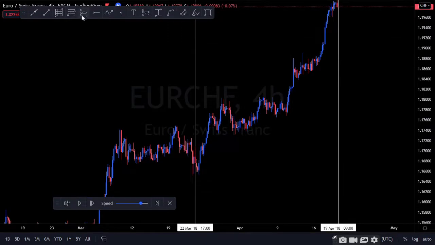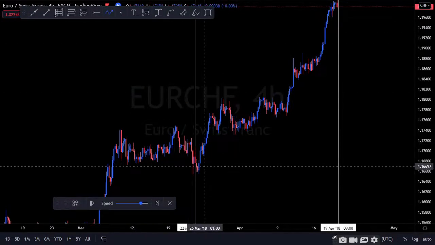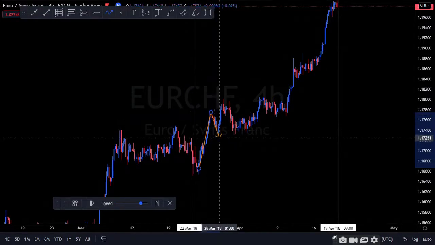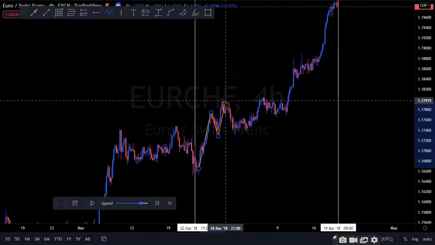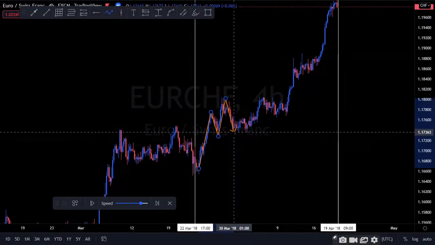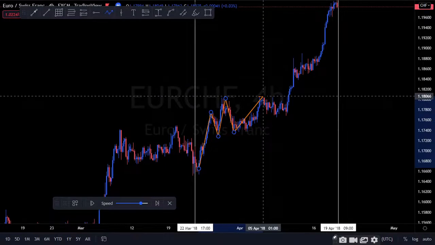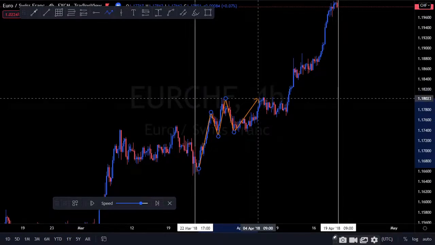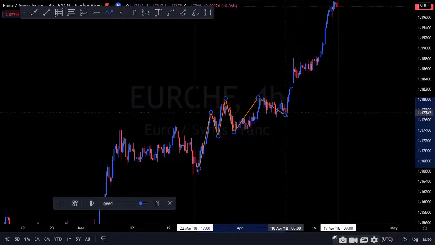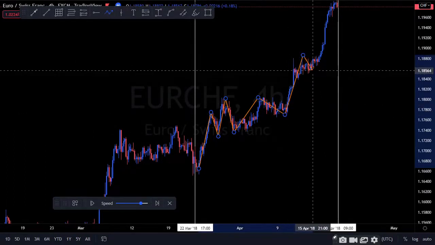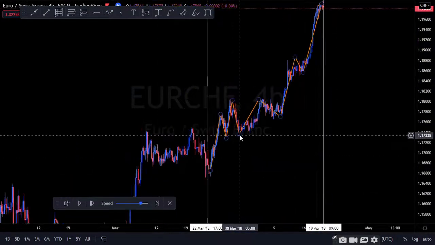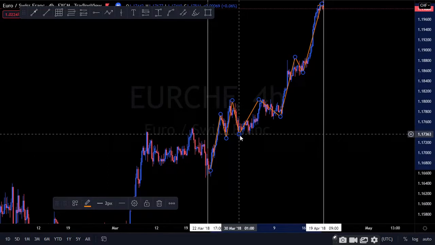Now, if you try to draw your market structure, you see that we form a higher high. Okay, came down for the retracement, which is higher high. Form another higher high. Form a lower high. Good. Form another higher high.